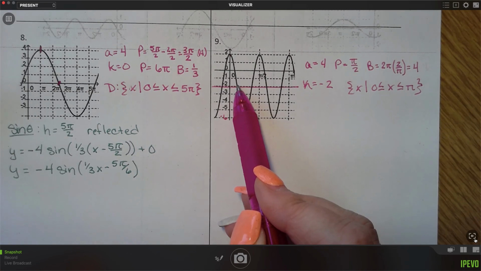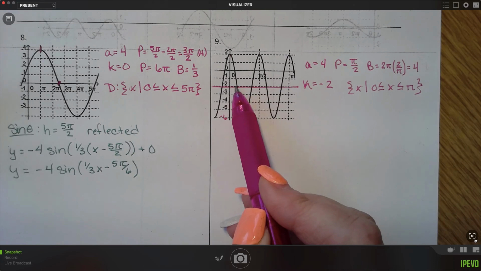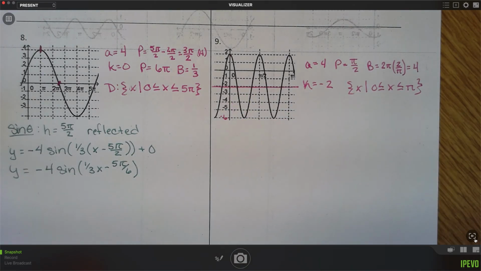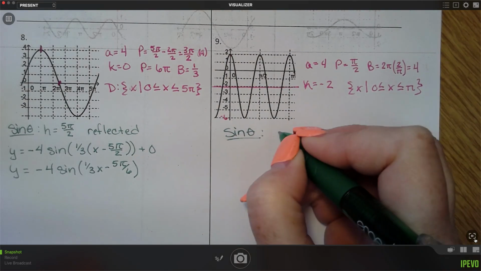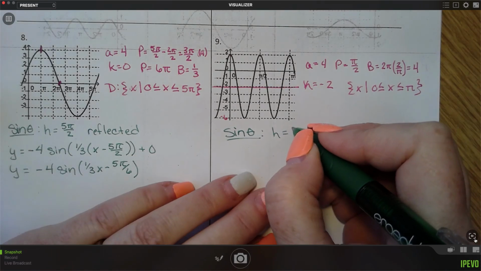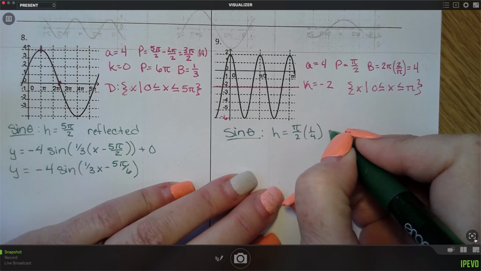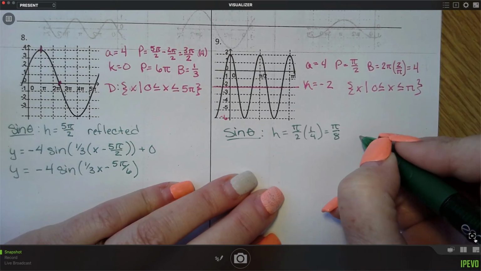Yeah. Okay, we'll do a quarter into it. So we have to find the h for sine. So the h for sine is going to be pi over 2 times 1/4. So pi over 8. And it's going to be what? Reflected?